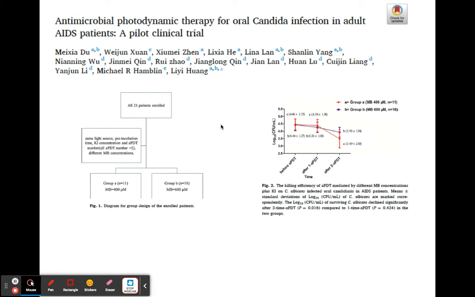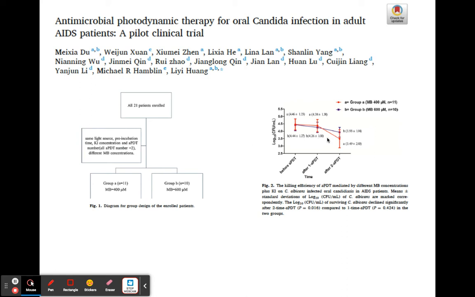This is a clinical study in patients who have oral candidiasis. A pilot clinical trial, putting methylene blue into the mouth and adding potassium iodide onto the methylene blue stained lesion and then shining red light.